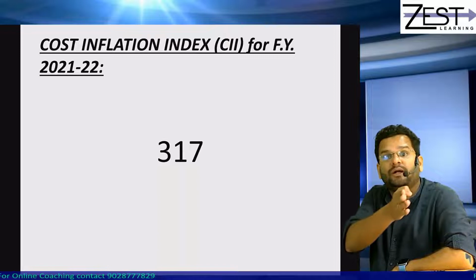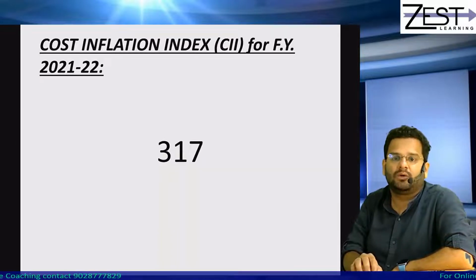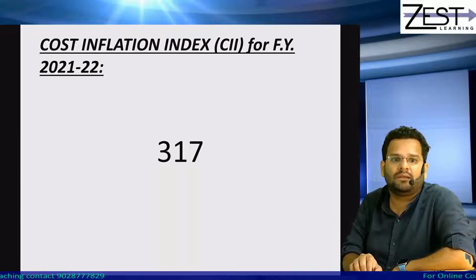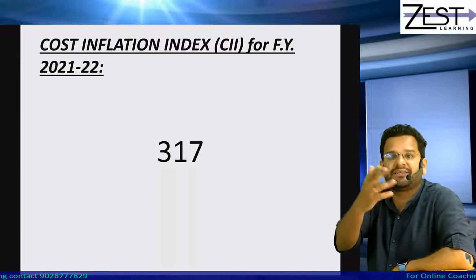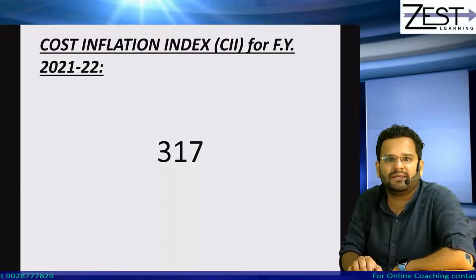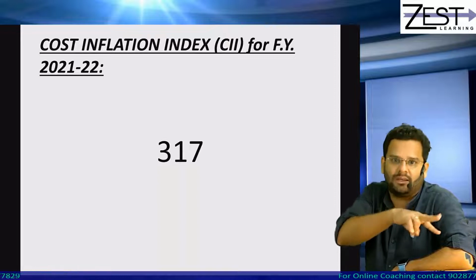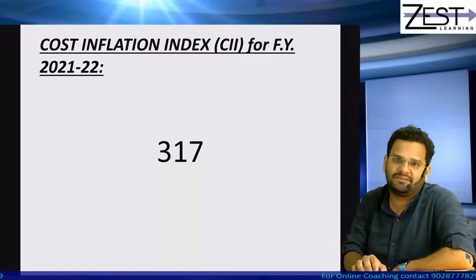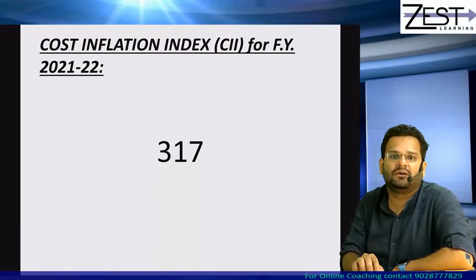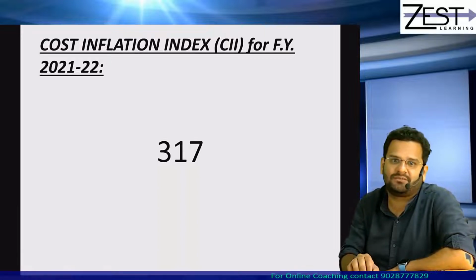Before this, the one for 2021 was 301. That 301 is now replaced, in the sense for 21-22 it is 317. For 2021 it was 301, and base year is 2001-2002, for which it is 100.